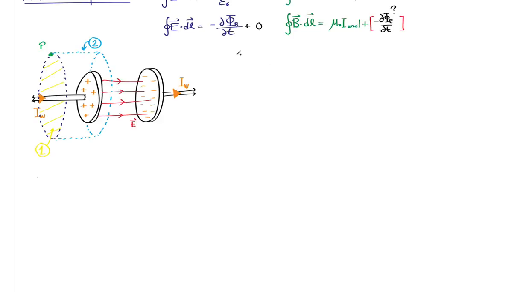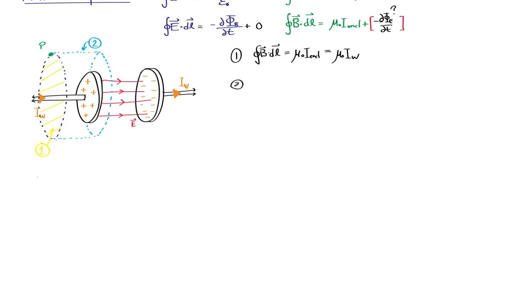So if we consider surface 1, right, we have B dot dl for this dash circle here is going to be equal to mu naught I enclosed. The amount of I enclosed is just, I'll call this I sub W, W is for wire, so it's current through the wire. So it's mu naught I_W.